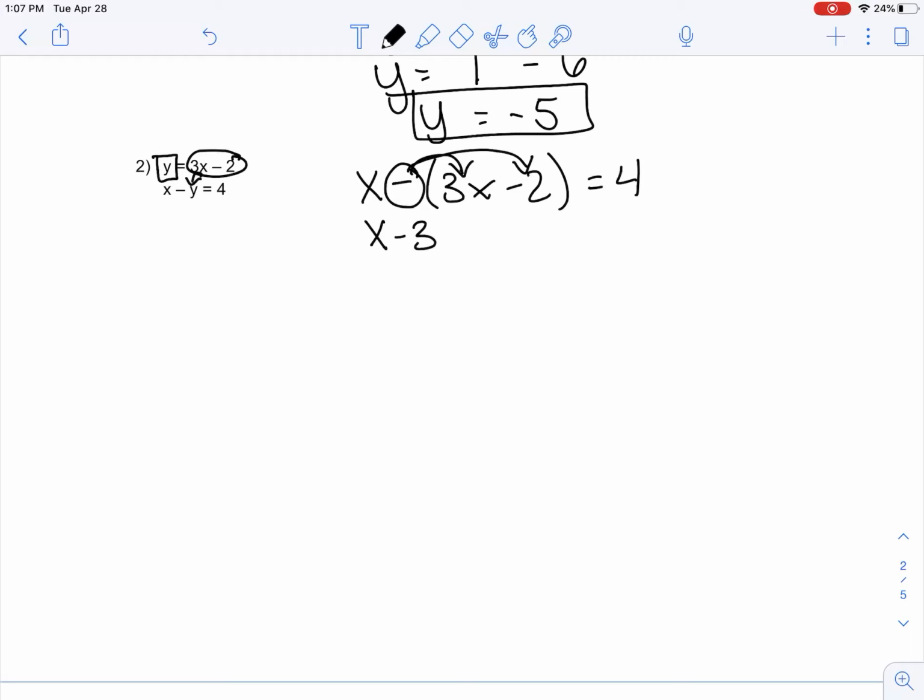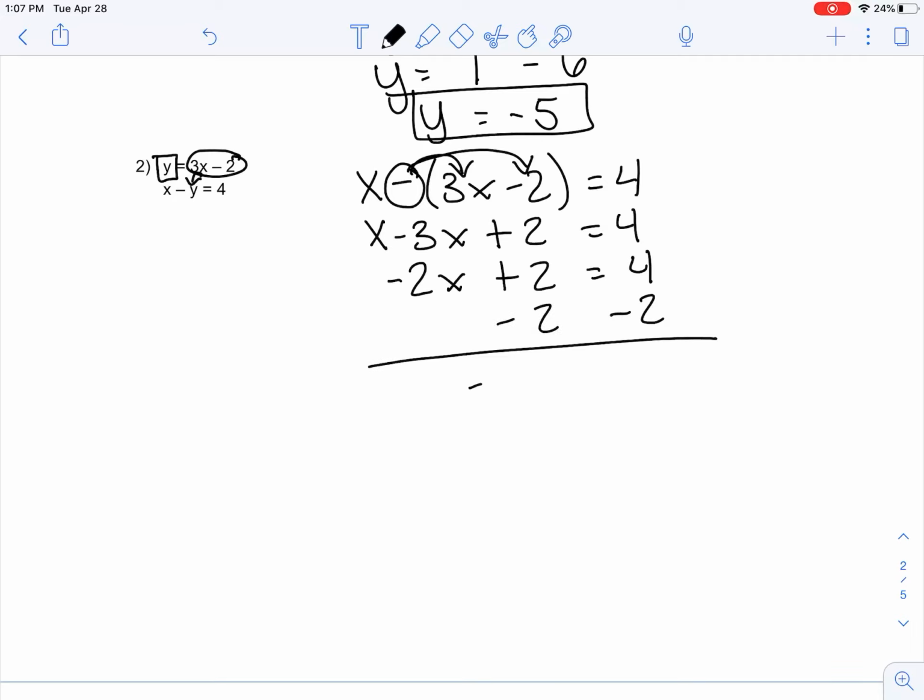So x minus 3x plus 2 equals 4. Negative times a negative is a positive. X minus 3x is negative 2x. Still plus 2 equals 4. Subtract 2 from both sides. And we have negative 2x equals 2. Divide by negative 2. X equals negative 1.